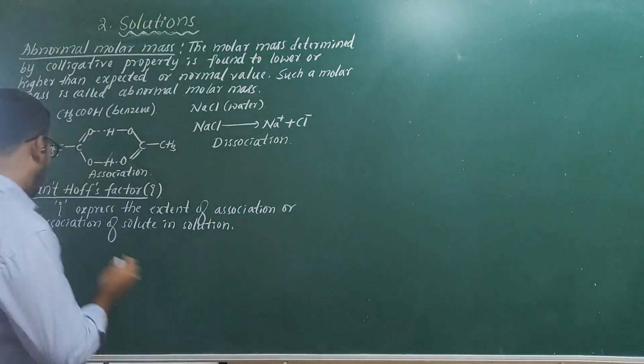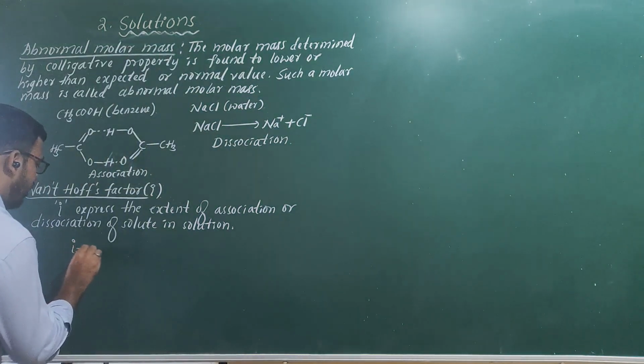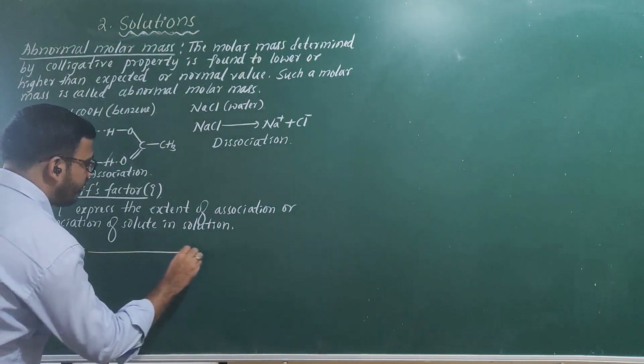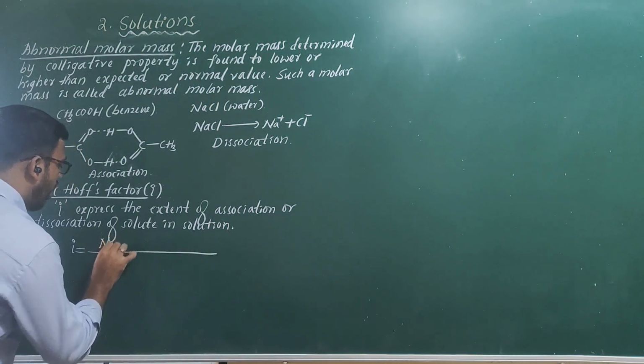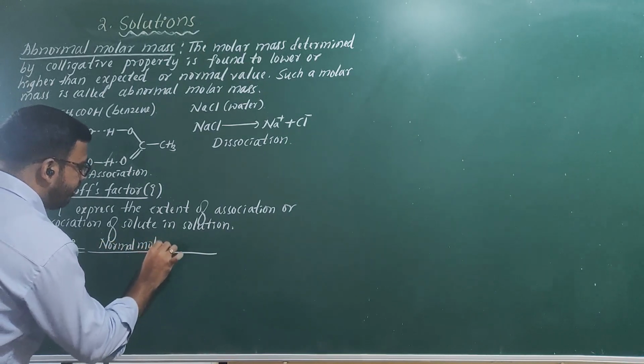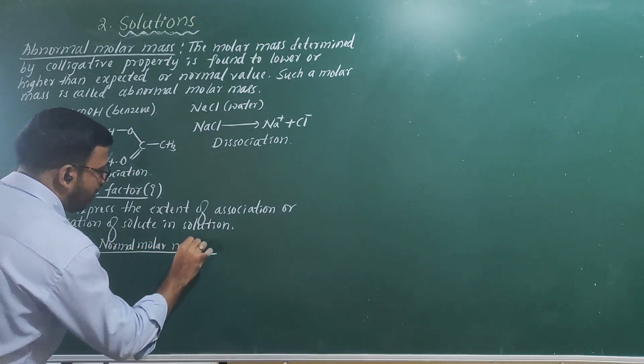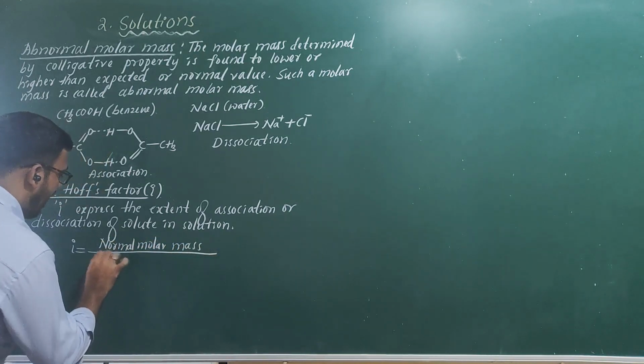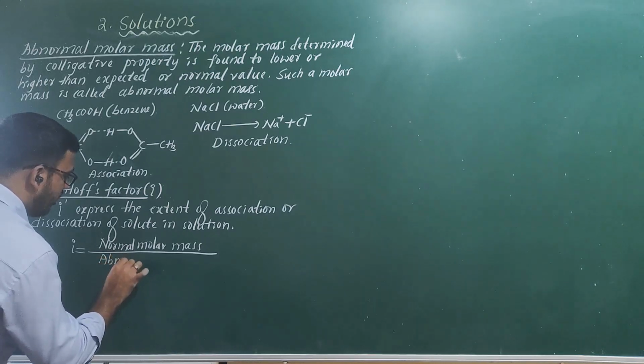So this i value can be defined as the ratio of normal molar mass to the abnormal molar mass.